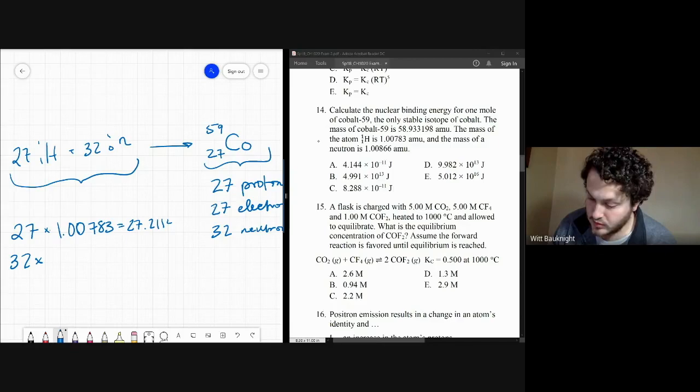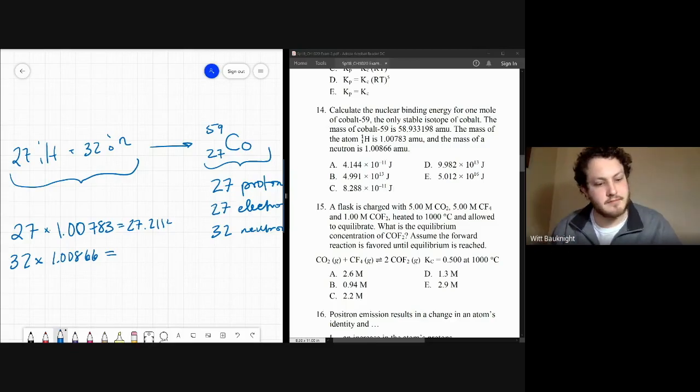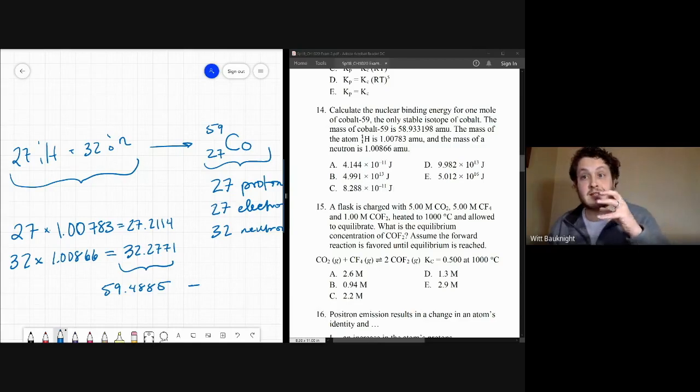And a single neutron is 1.00866. So when we multiply that out, the mass of 32 neutrons will be 32.2771. So when we take the sum of these two values, we get 59.4885. And then we're going to subtract the mass of the cobalt.